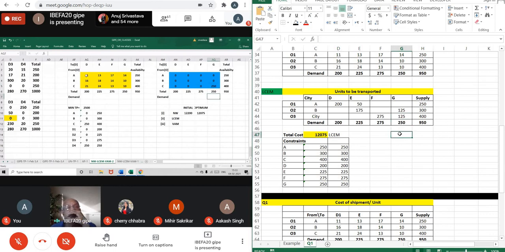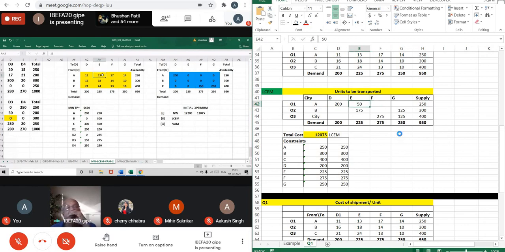Now minimum is 11, so I can give 200. Now the minimum is 13, I will go for this, 150 I can give.